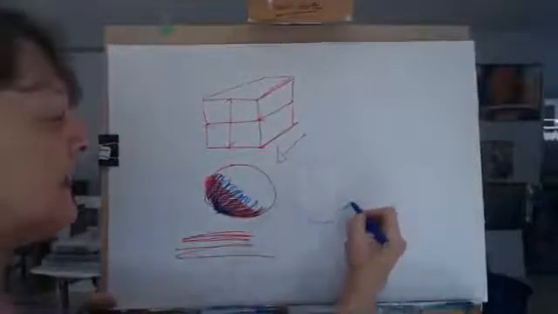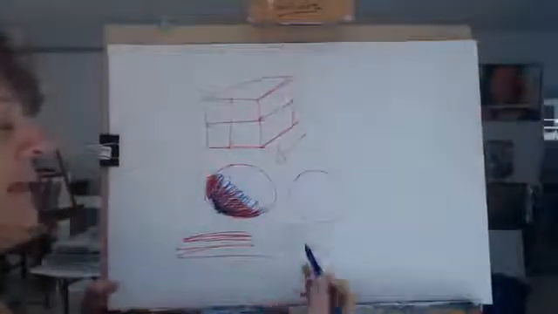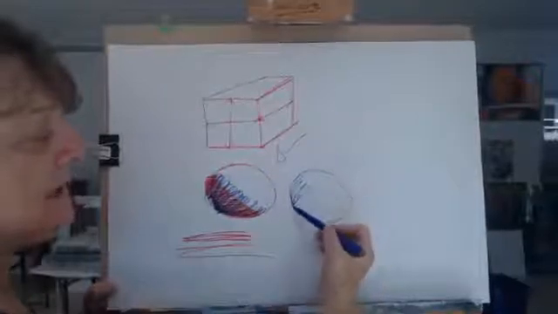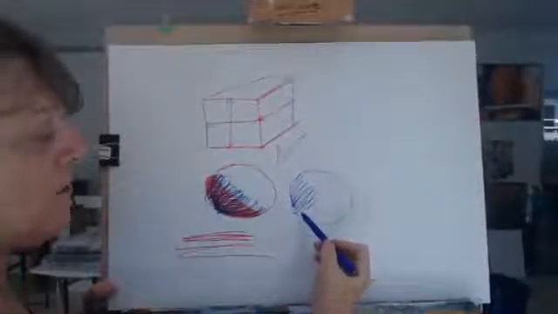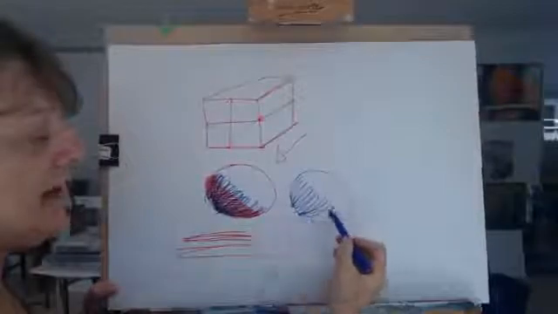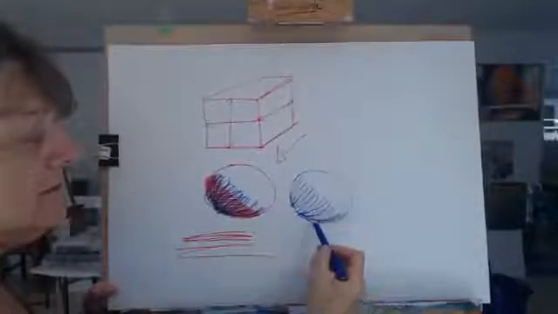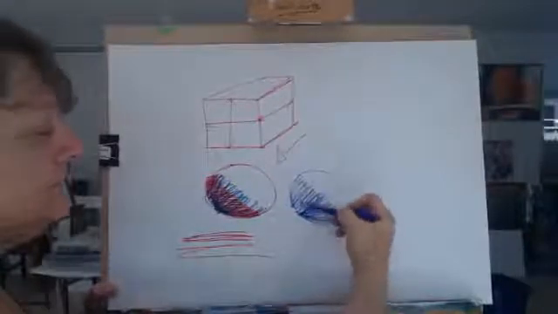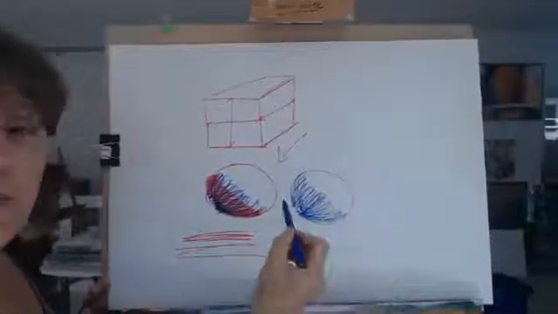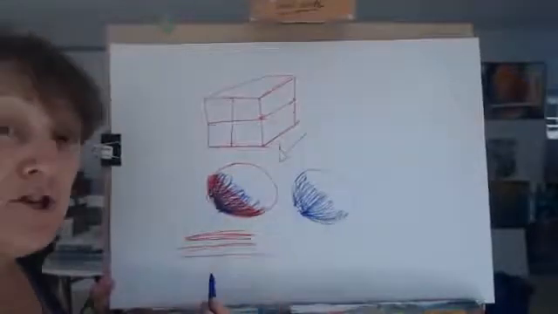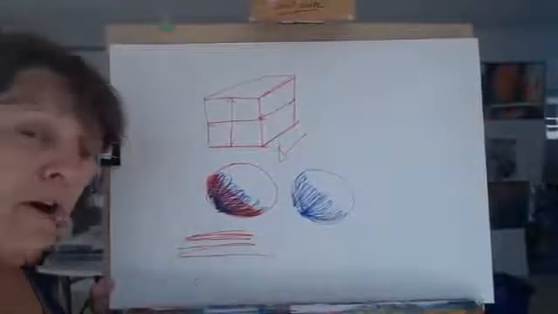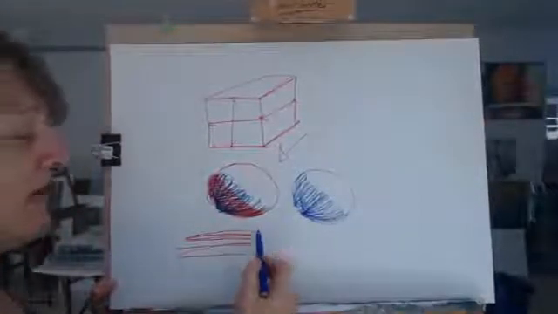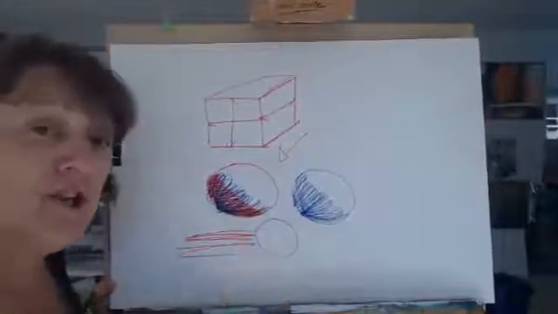So let me draw that again. Okay. I am using my shading to help me and go in the direction of how a sphere would actually be. So the illusion of this is now much more that of a form, of a 3D sphere, ball, whatever you want to call it, rather than our 2D shape.